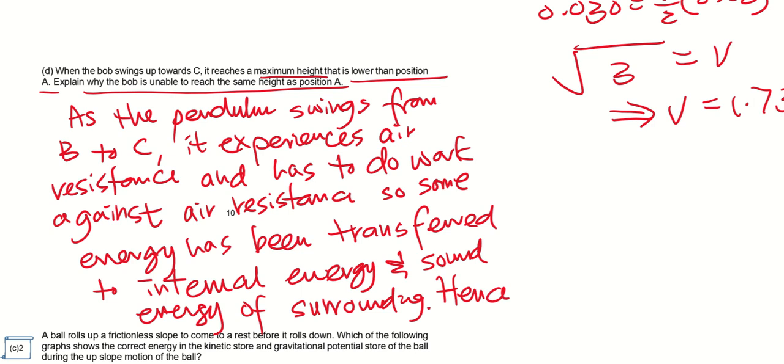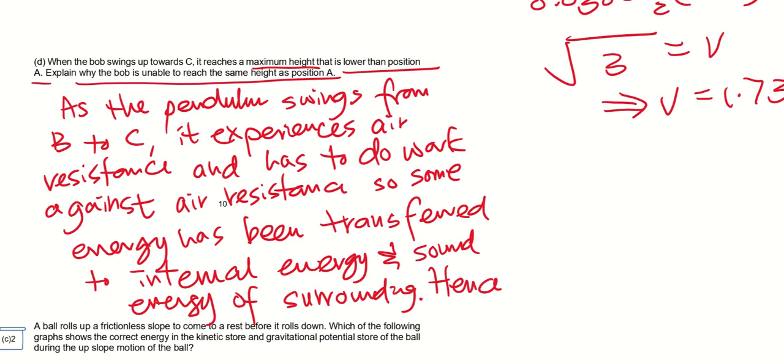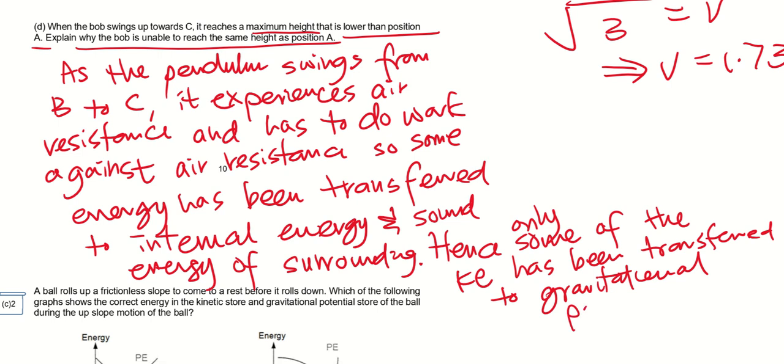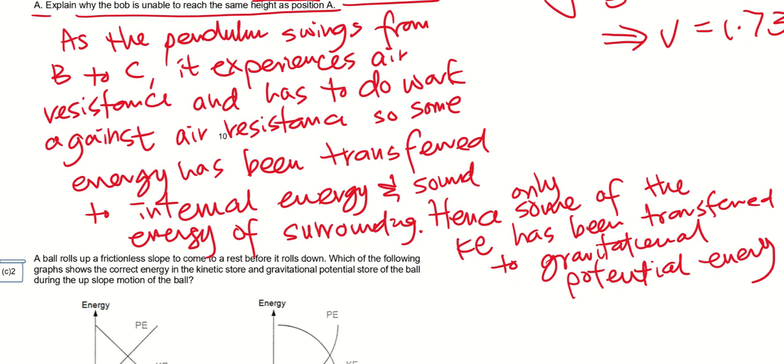Hence only some of the kinetic energy has been transferred to gravitational potential energy. Because it did not get the full transfer of energy from kinetic energy to gravitational potential energy, the height will be lower.